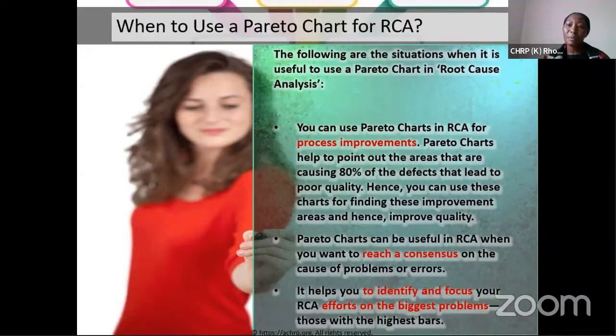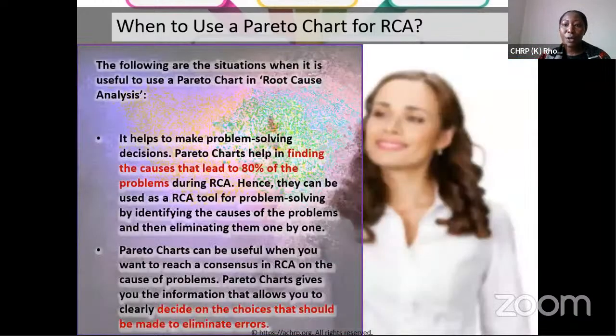It can be seen because the data don't lie, and numbers will always tell how the picture is. Then you can use it to help you identify and focus your effort on the biggest problems. And mostly these are the biggest pie, or what you call the highest bars, because the height of the bar will show you the frequency also, or the build-up in terms of the magnitude of it.